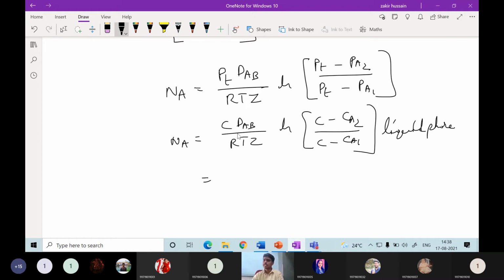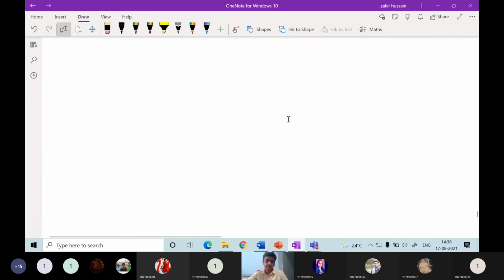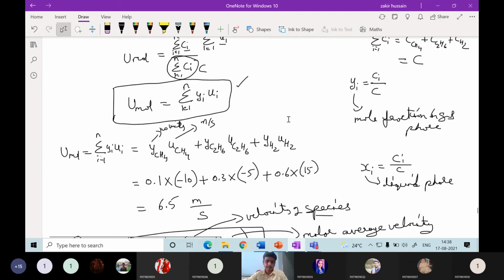How we can convert? C is equal to PT by RT. Okay, I think, CDAB by RT. The liquid phase formula is correct.